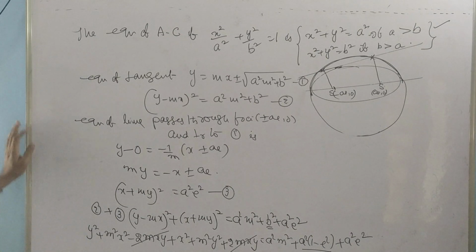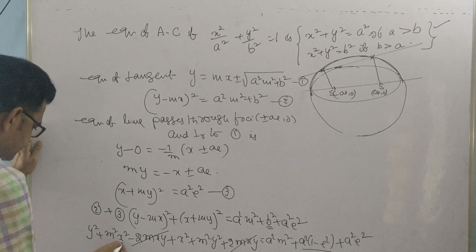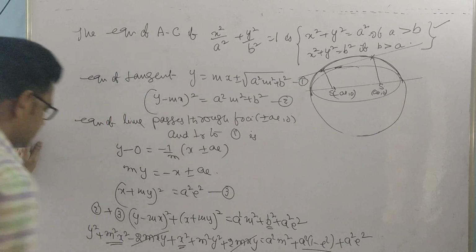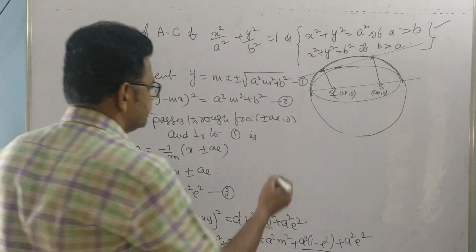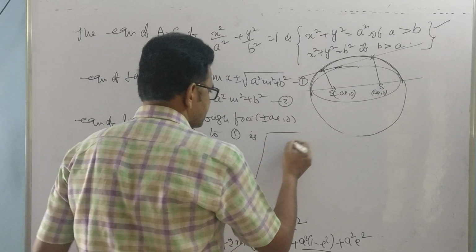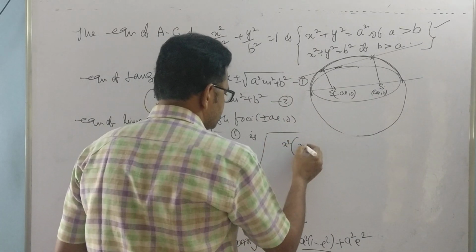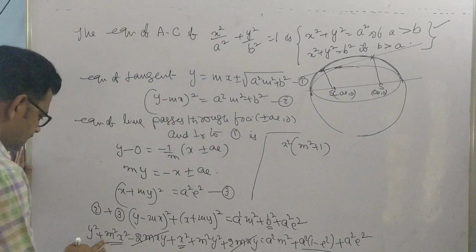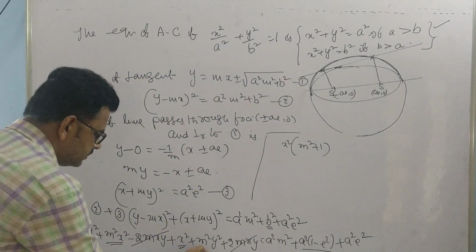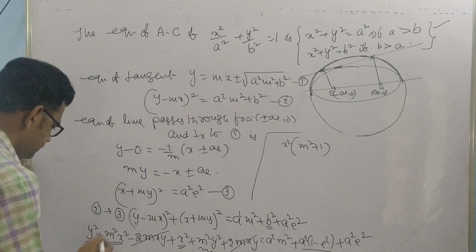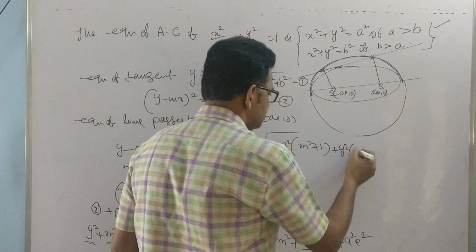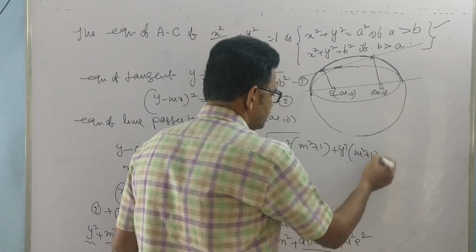Now here you can take x square common, so this is m square plus 1. Take y square common, so this is m square plus 1.